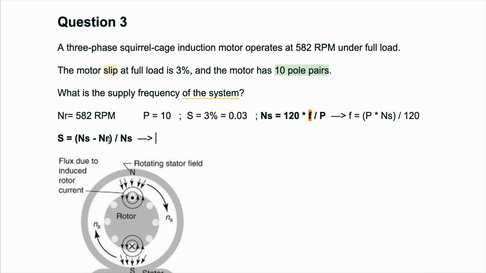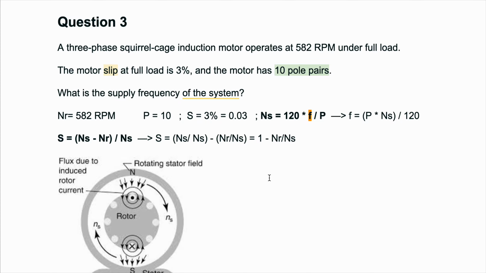If we want the NS, it is like S equal to NS divided by NS minus NR divided by NS. We can write this equation like this. NS divided by NS is 1, minus NR divided by NS.